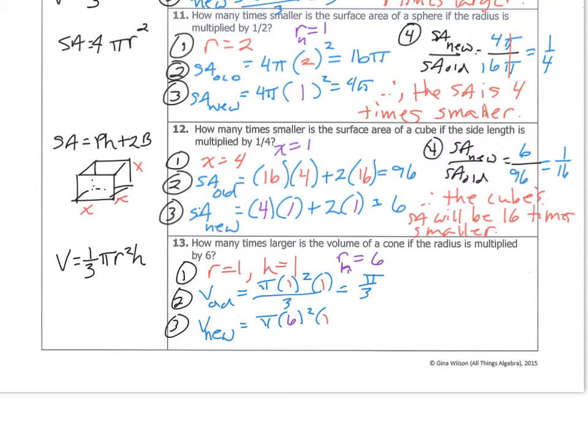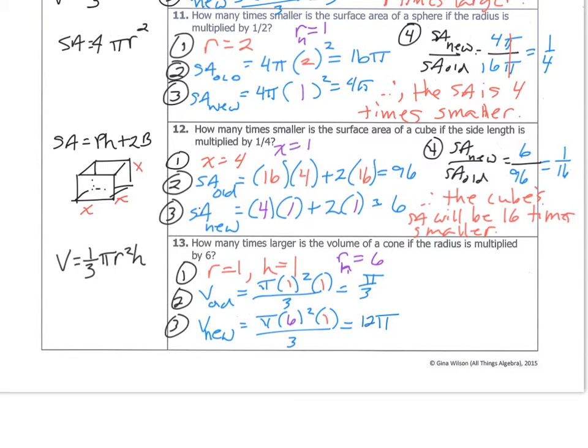It's still 1. All divided by 3. So what is 6 squared? 36 times 1? 36. What's 36 divided by 3? 12. So we get 12 pi.